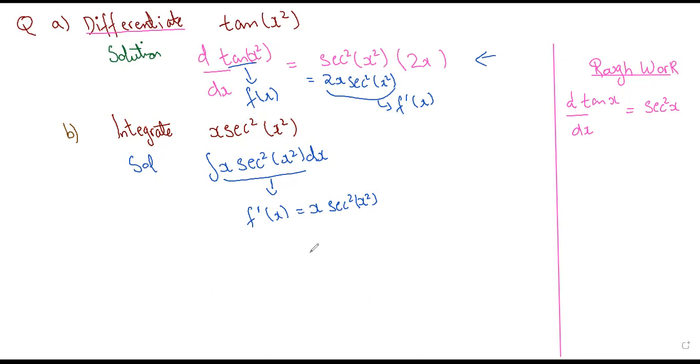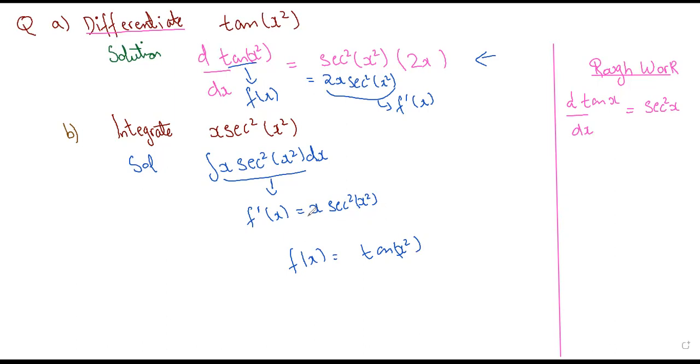So our guess would be that f of x is tan x square. This is the initial guess. But we have a 2 over here, right? When we are differentiating tan x square, we would have a 2 in the derivative and we do not have a 2 in this case.